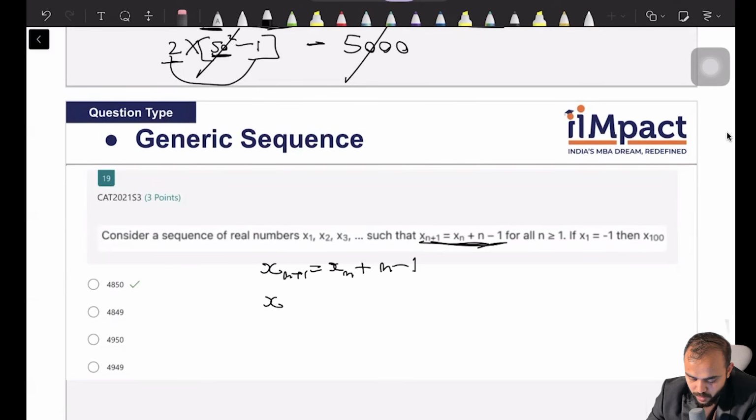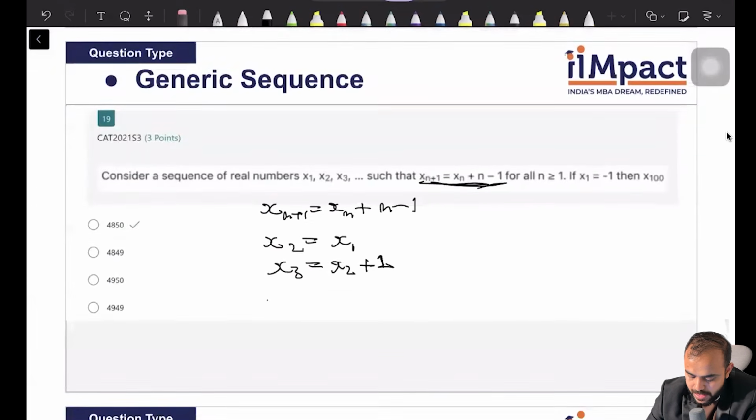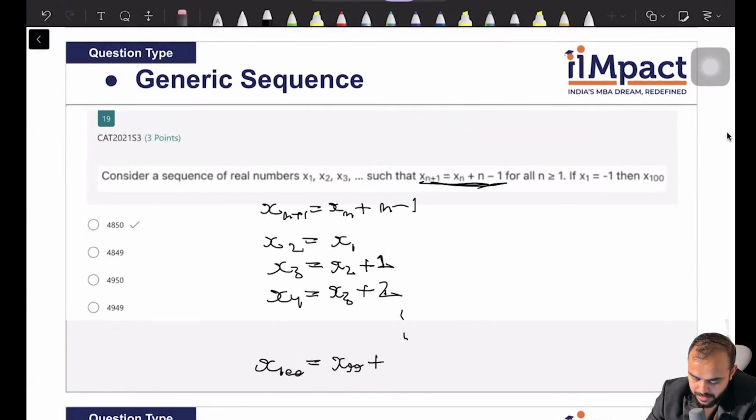I will put n is equal to 1. So x2 is equal to x1, x3 is equal to x2 plus 1, x4 is equal to x3 plus 2, and so on until x100 is equal to x99 plus 98.